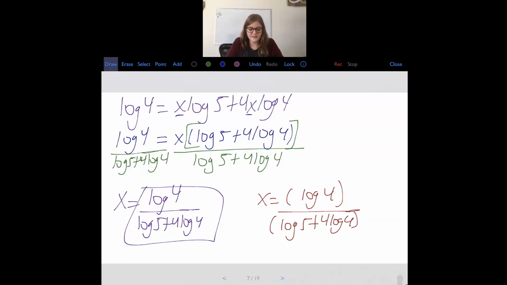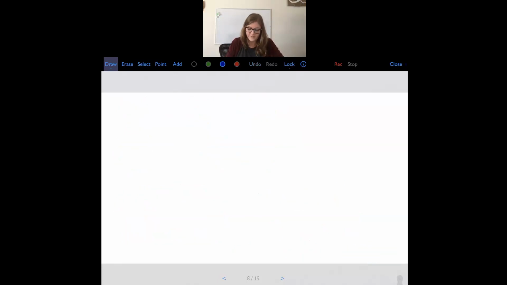So if we do parentheses log 4, close them, divided by parentheses log 5 plus 4 log 4, I get 0.193762 and so on. Our instructions say to round to 3 decimal places, so we go to the 3rd decimal place. The number next door is bigger than 5, so this is equal to 0.194. So that 3 rounds up. Okay.